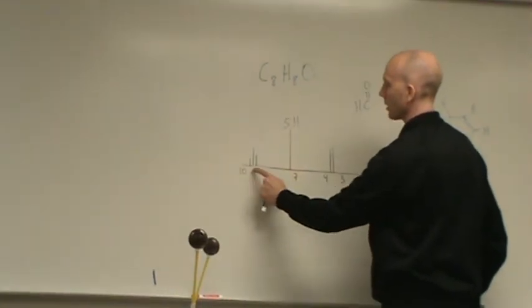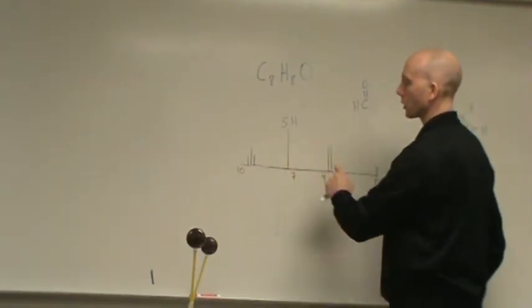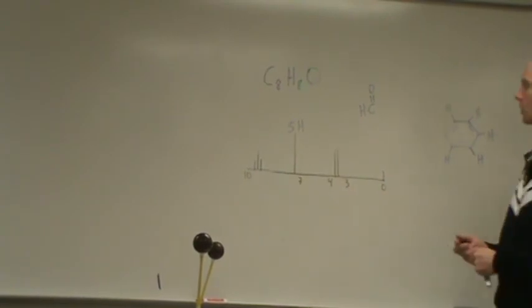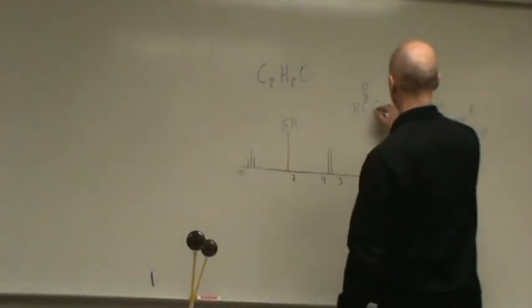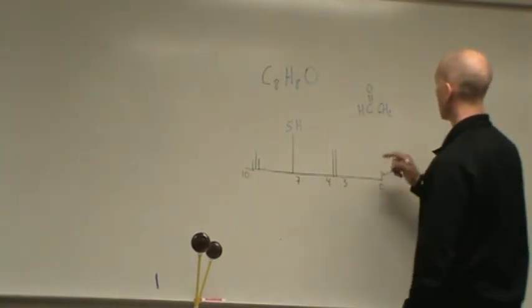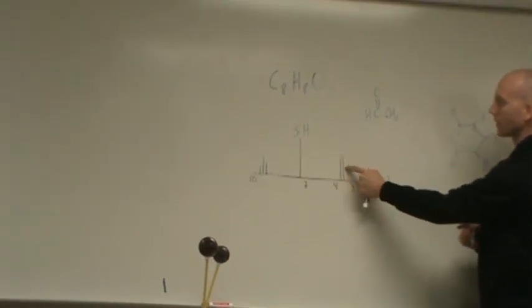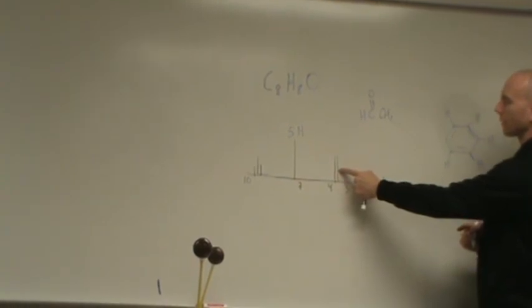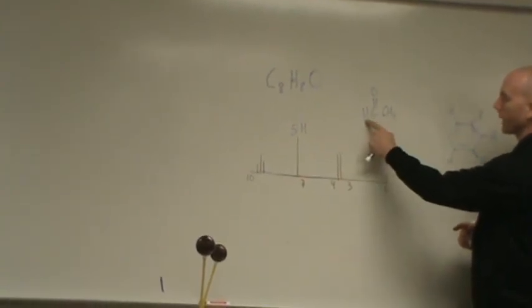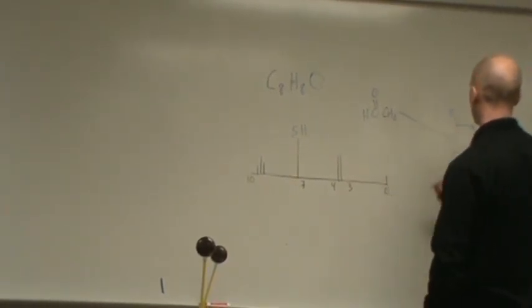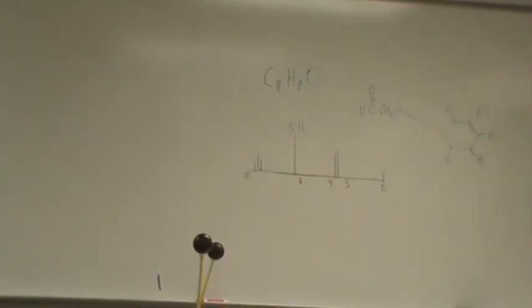A triplet, so that must be next to a CH2. See how that works? And that CH2 is being split into a doublet, so it's being split by that. So I can just go ahead and connect that right there. End of the problem.